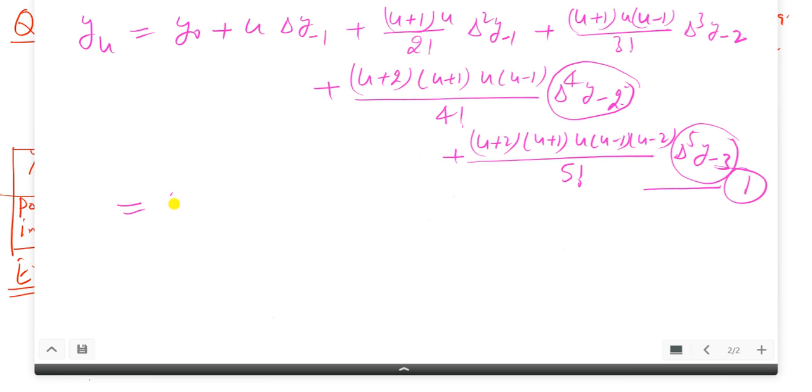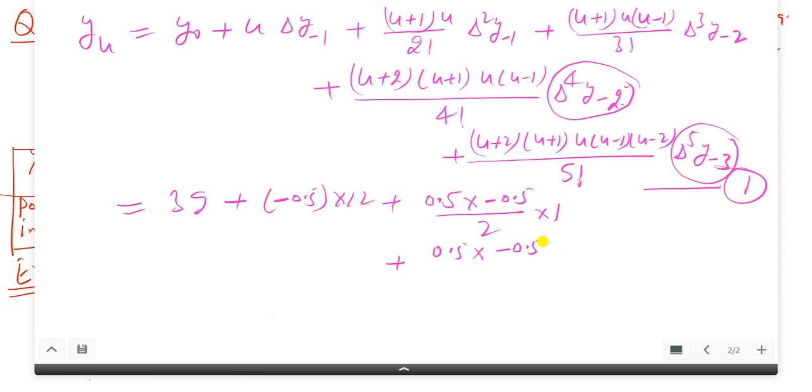So y of u is equal to y0, which is 39, plus minus 0.5 multiplied by 12, plus 0.5 into minus 0.5 upon 2 factorial, which is 2, into 1, plus 0.5 multiplied by minus 0.5 multiplied by minus 1.5 divided by 3 factorial, which is 6, multiplied by minus 4.